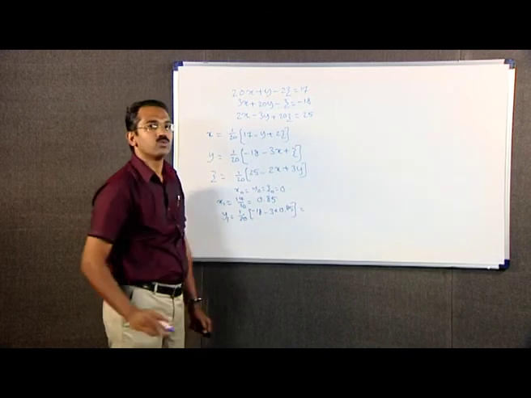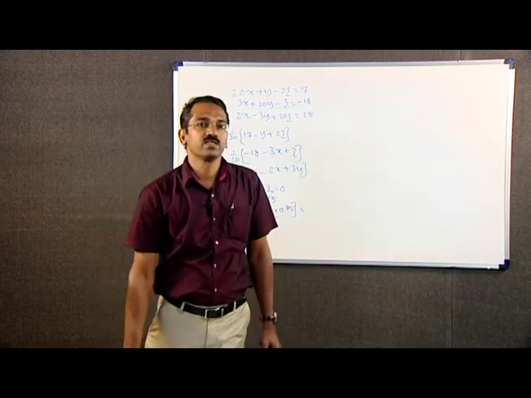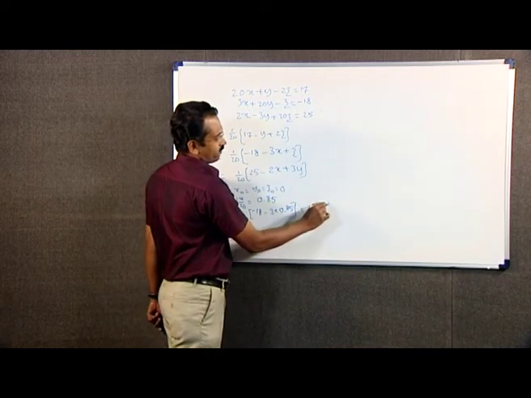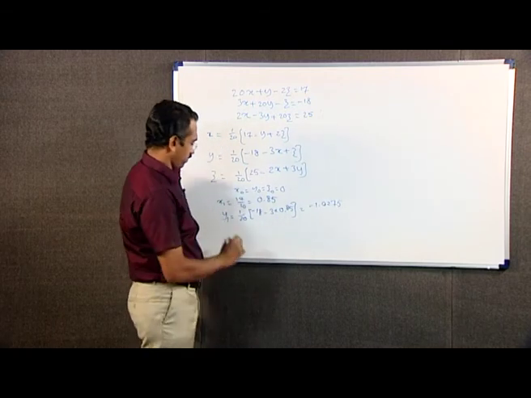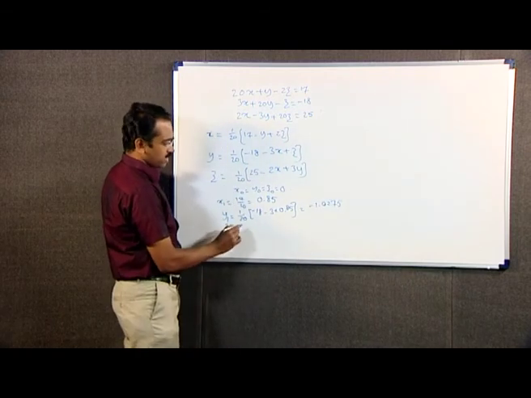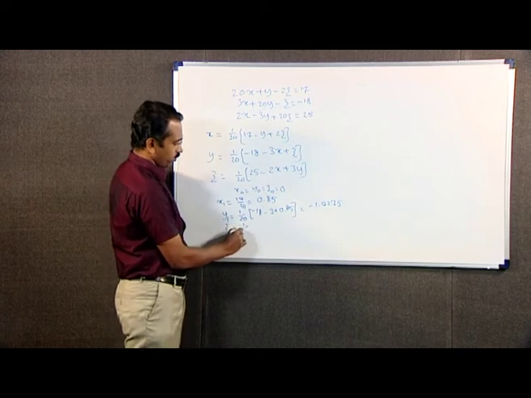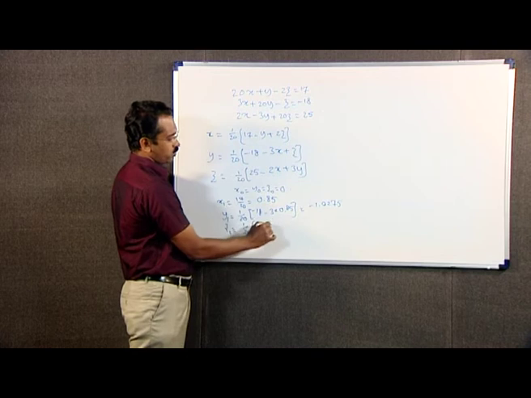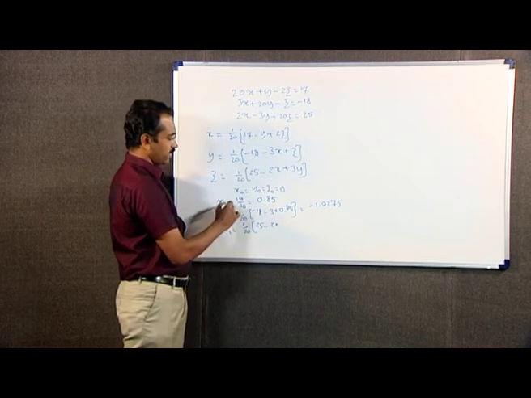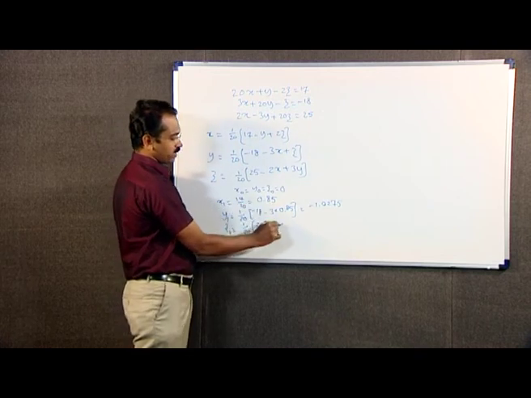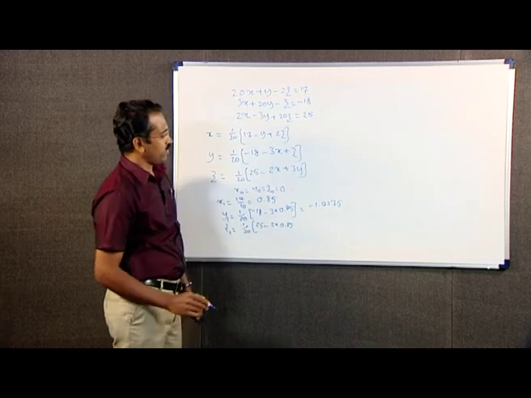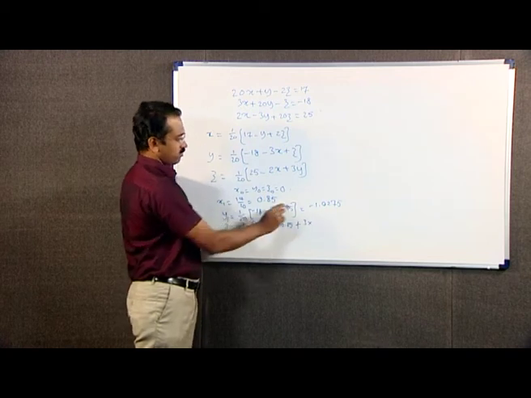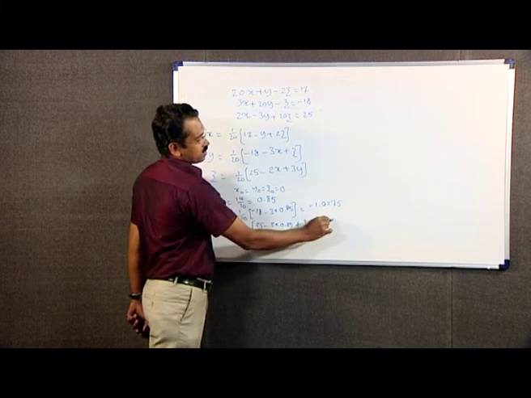On simplification we will get minus 1.0275. z1 is equal to 1 by 20 into 25 minus 2 into x1, the latest value of x is 0.85, we will use that value, plus 3 into y1, y1 is minus 1.0275.